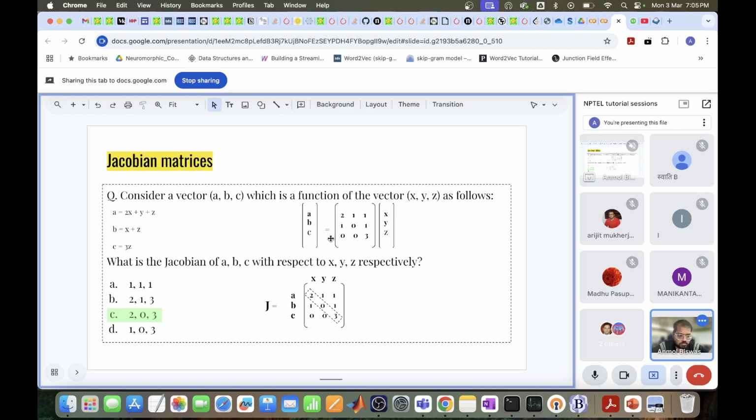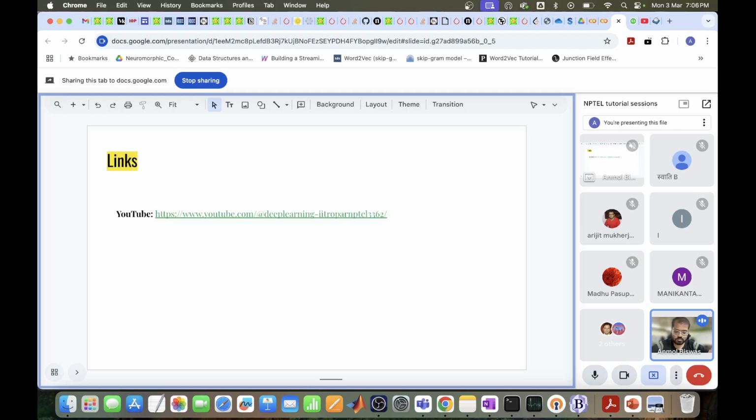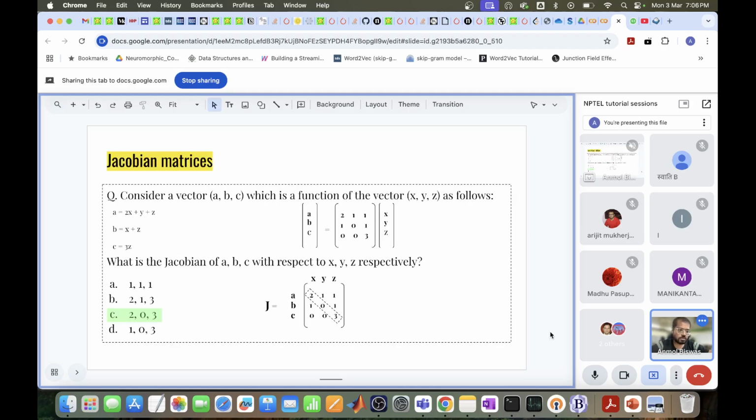Then if you take the Jacobian with respect to A, B, C on the left and X, Y, Z at the top, because this is nothing but a linear transformation, you get the exact same thing. And the diagonal element is exactly what I asked, which is 2, 0, 3. So yeah, fairly straightforward stuff. That's Jacobians.